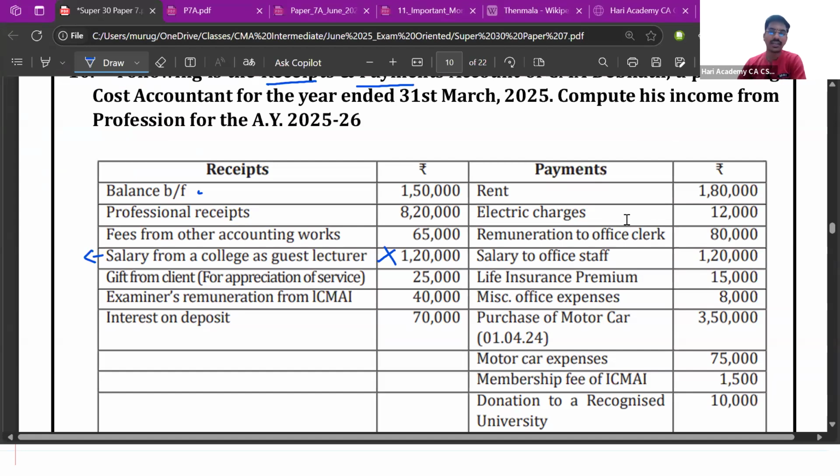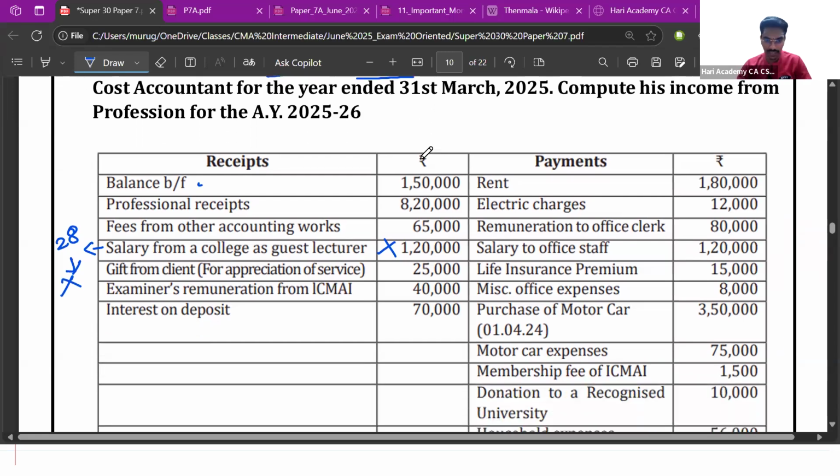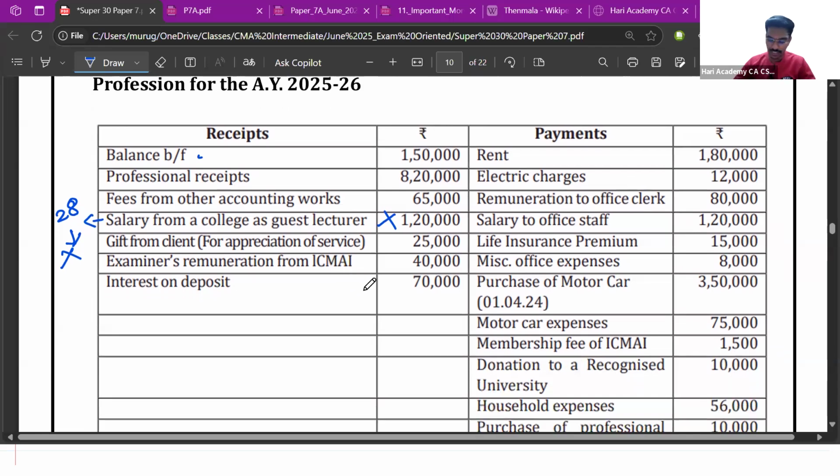So this is not even chargeable under the head PGBP, and the charging section 28 is itself not applicable in the present case. Did the question ask you to find the income from other sources? No. So no problem.